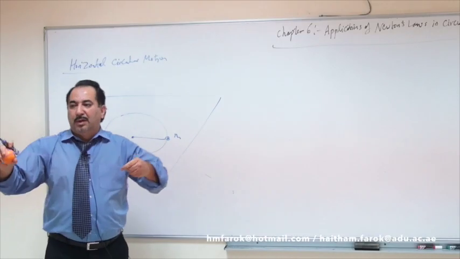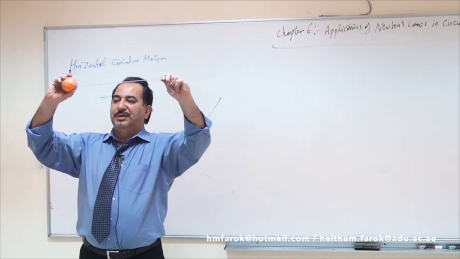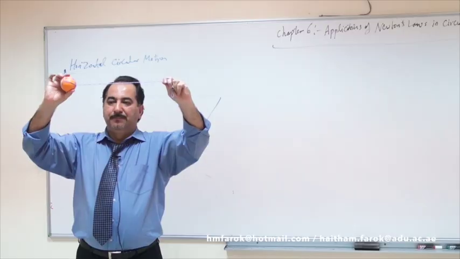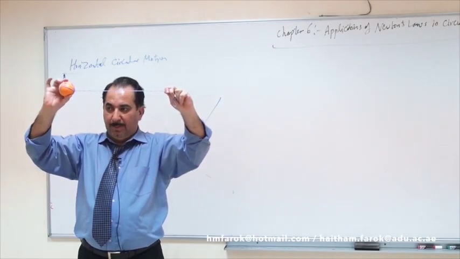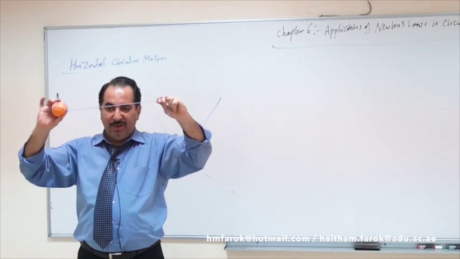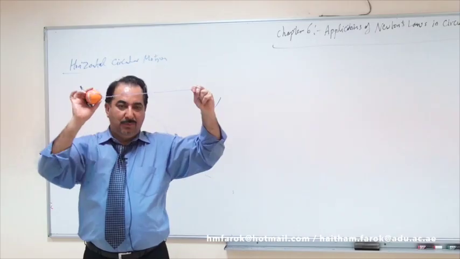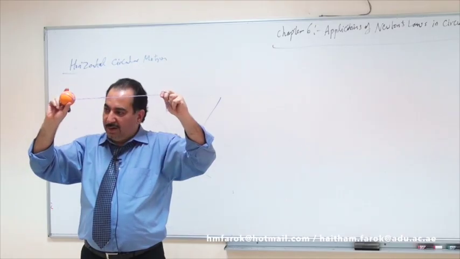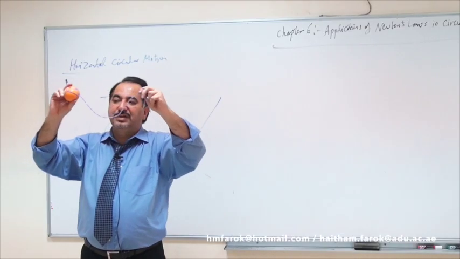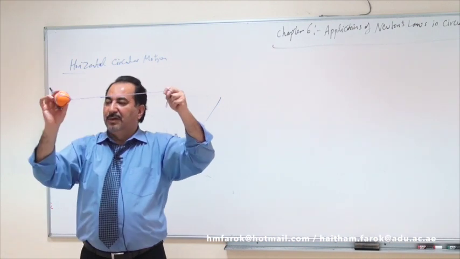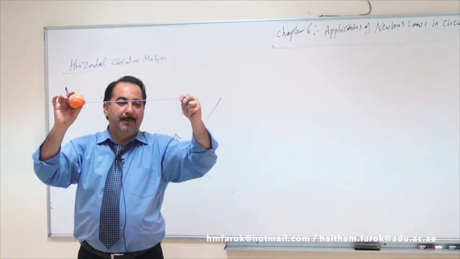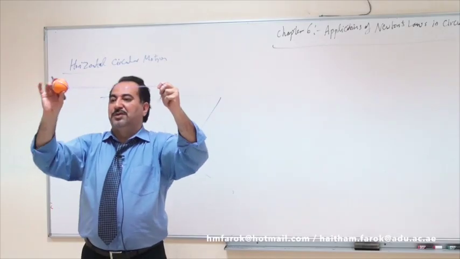Now, in this case, what are the forces on the ball? Tension. Gravity, but gravity is not in the direction of the motion, so we don't include the gravity. So how many forces do I have towards the center? What's the name of the force? So how much is Fc? Equal to tension.